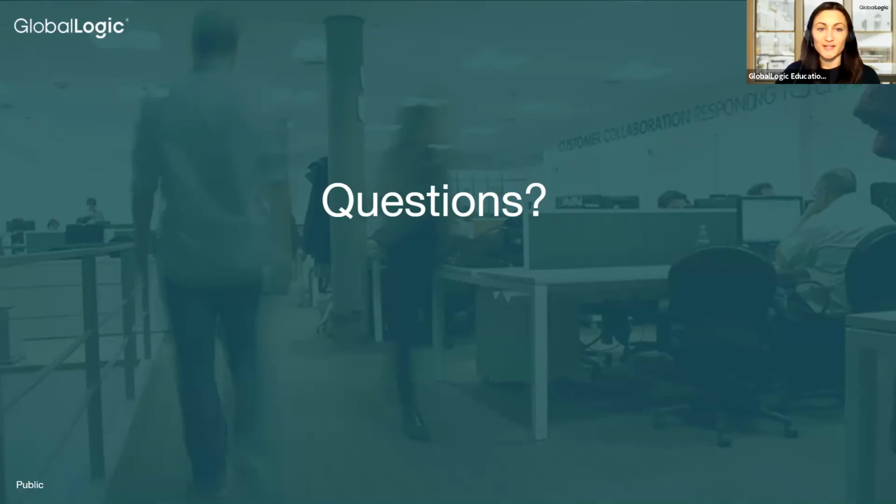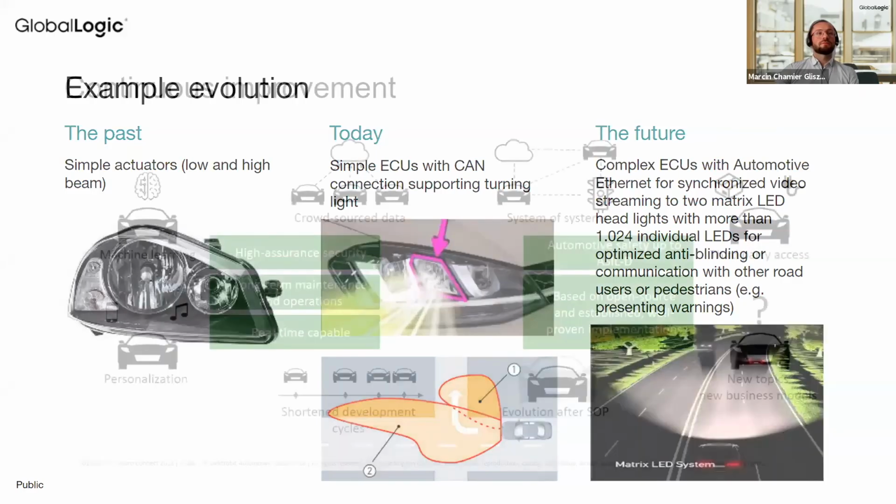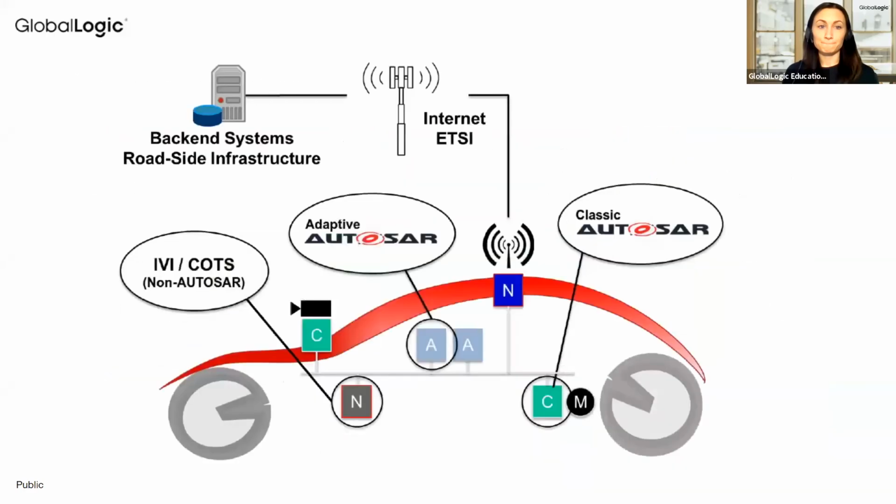We have a first question: is classic AUTOSAR going to die soon? No. I will turn to one of the pictures. As you can see, the adaptive platform will not cause the classic platform to die.